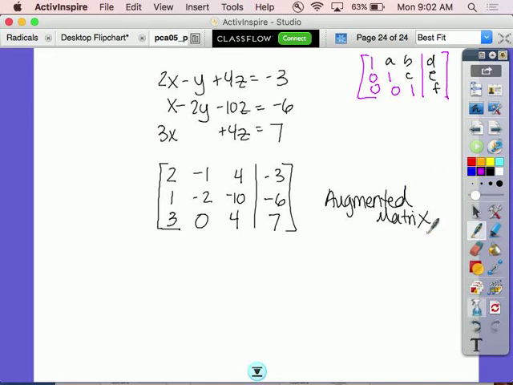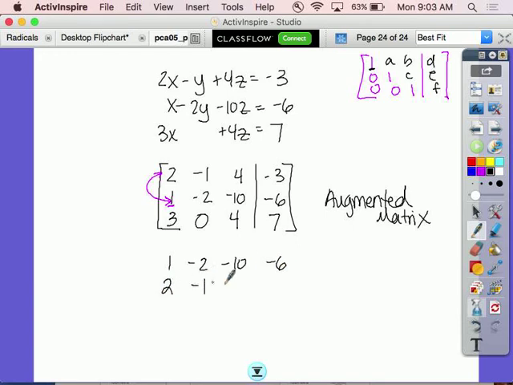Okay. You can get the middle one up at the top. Good. Okay, so we're going to use those same row operations we used with the two variable system, and we're going to move this 1 up here. So basically, I'm just going to interchange these 2 rows because my goal is to start with this 1 and get 0s underneath it. So I'm going to have 1, negative 2, negative 10, negative 6 as my first row.